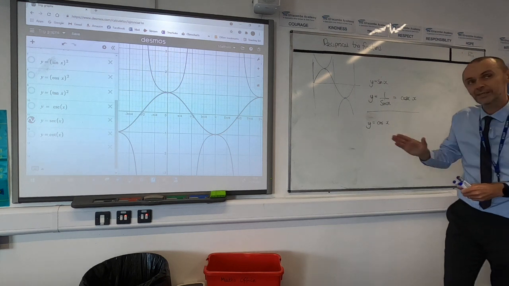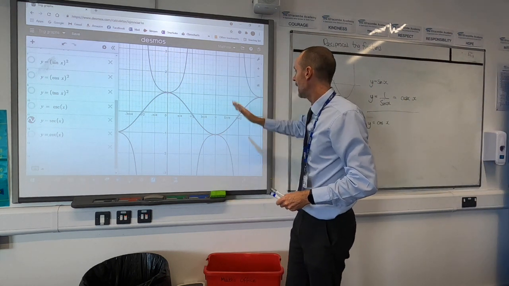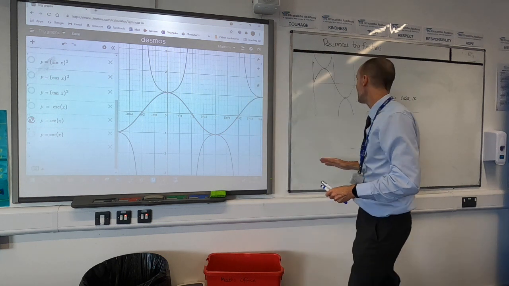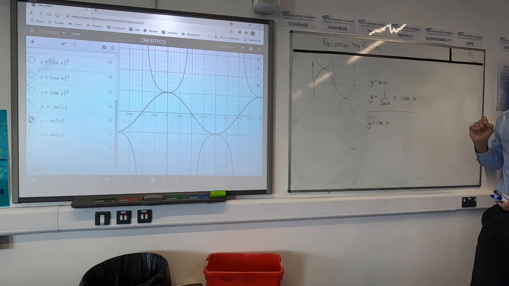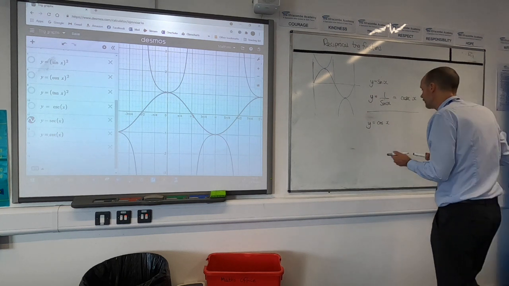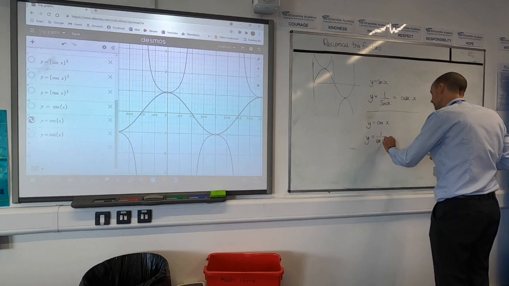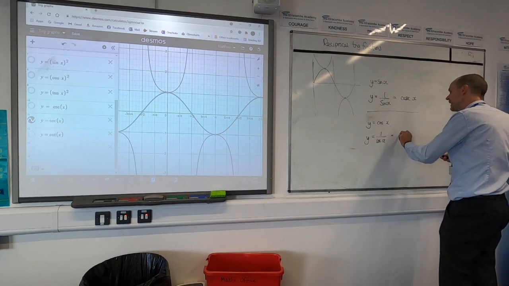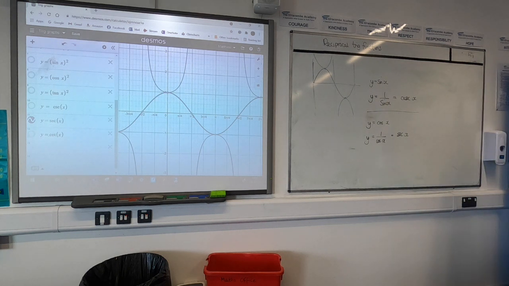So this time our asymptotes come at 90 degrees and 270 degrees, because that's the place where the cos curve is 0. The cos curve is 0 at 90 and 270, so those are the places where 1 over cos is not defined. This one is called sec x, which is an abbreviation of secant.